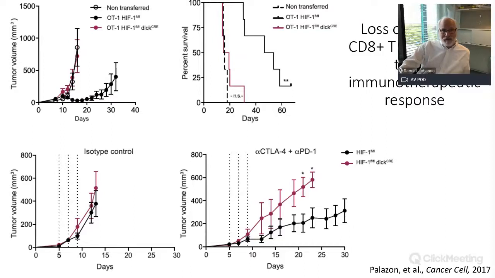So they basically have a very reduced capacity for cytotoxic T cell killing of tumors. And you can see the survival plot then to the right of that.